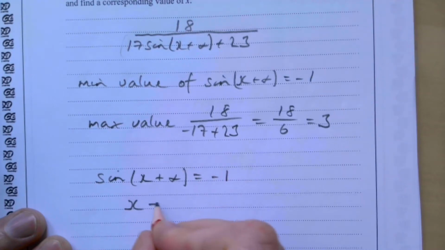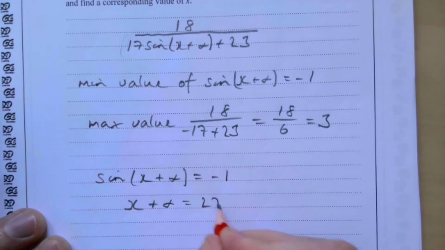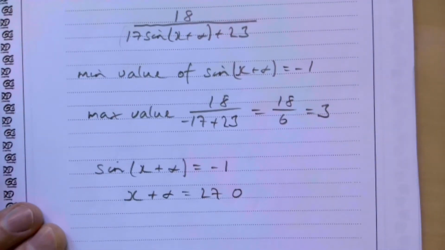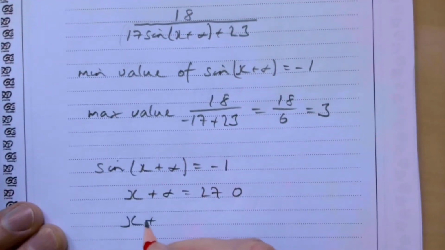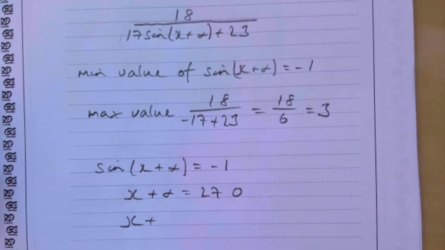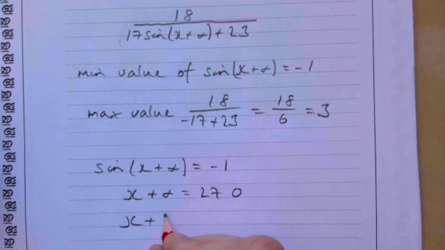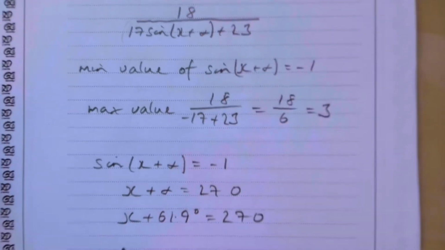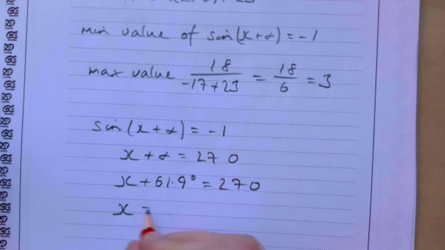So x plus 61.9 is 270, and that gives us then a value to 3 significant figures of 208 degrees.